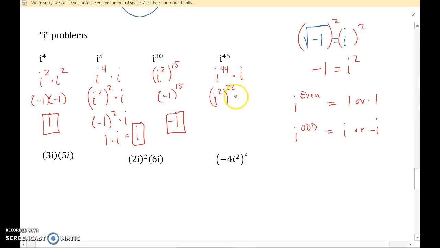And since 22 is positive, or even, when I take i squared, which is -1, an even number of times, we're going to get a positive 1. So 1 times i equals a positive i.